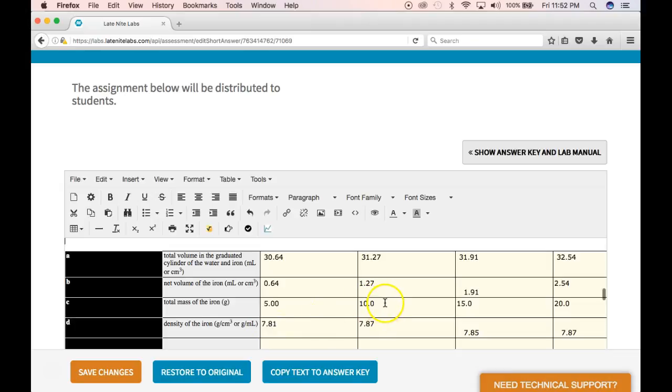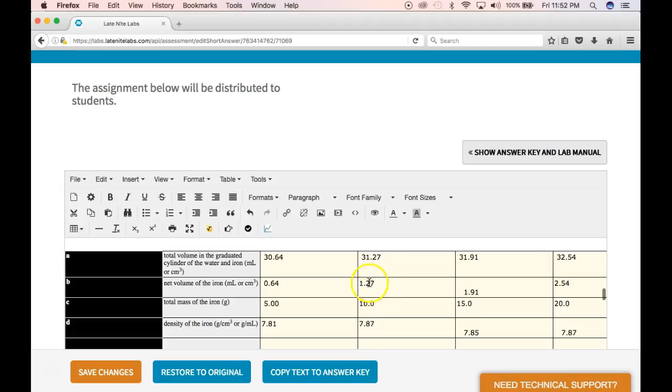So it's the exact same thing here: 31.27, 31.91, 32.54. All right, so you added iron in increments of 5. So the next total amount of iron is 10 grams.